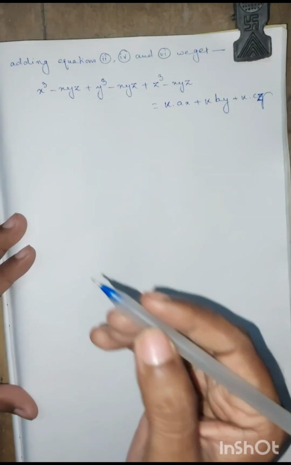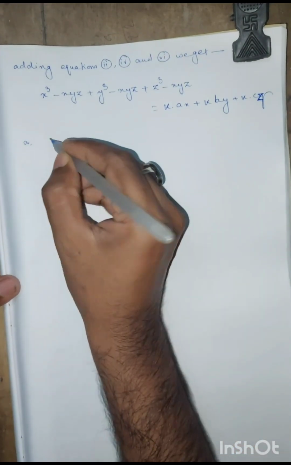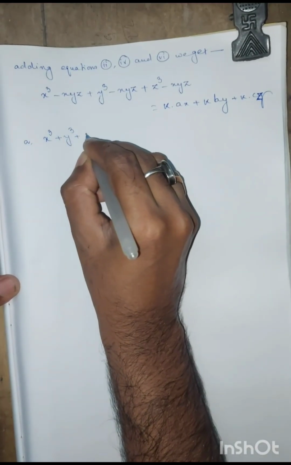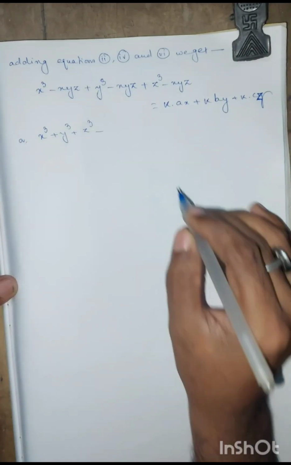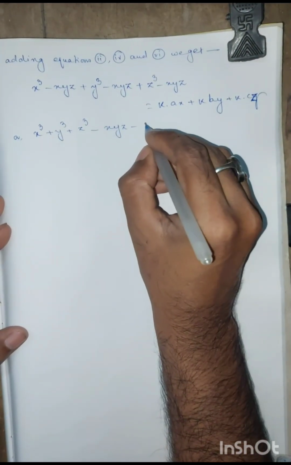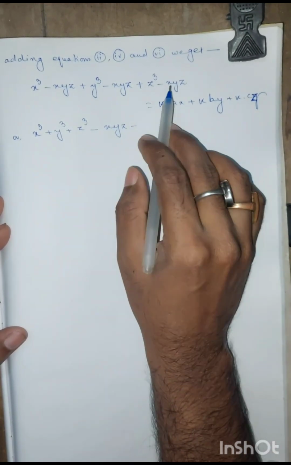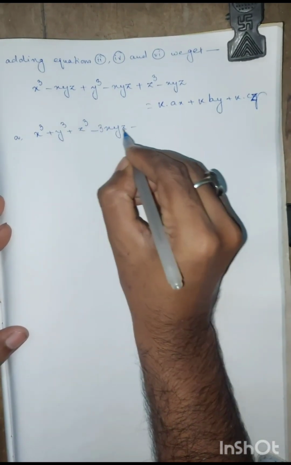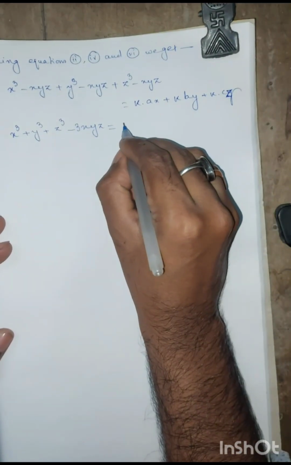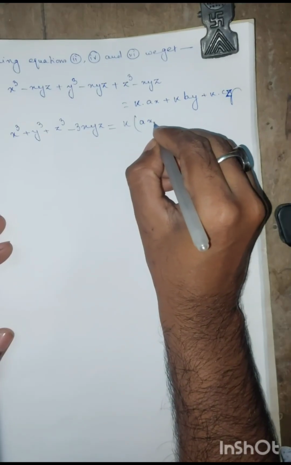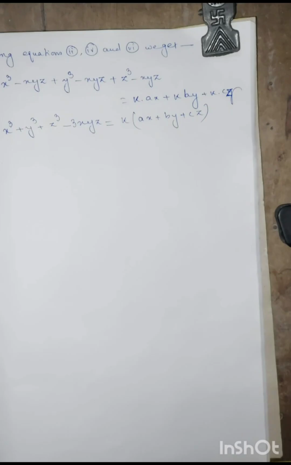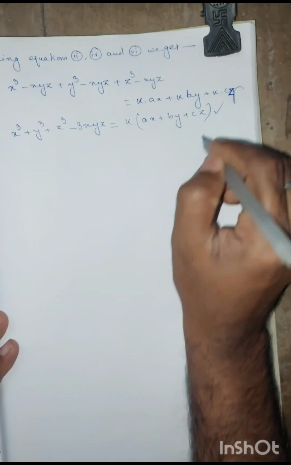So we have this. Now we can write x cube plus y cube plus z cube minus 3 times xyz, so minus 3xyz, equal to, if we take k common from these 3 terms, k into (ax plus by plus cz). So this is what we are getting.